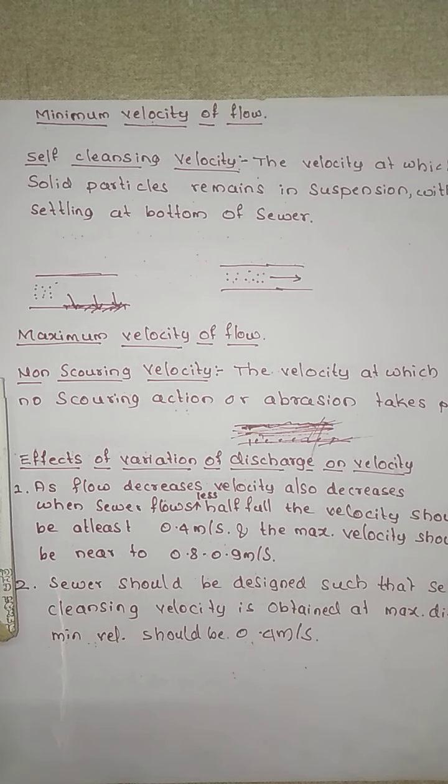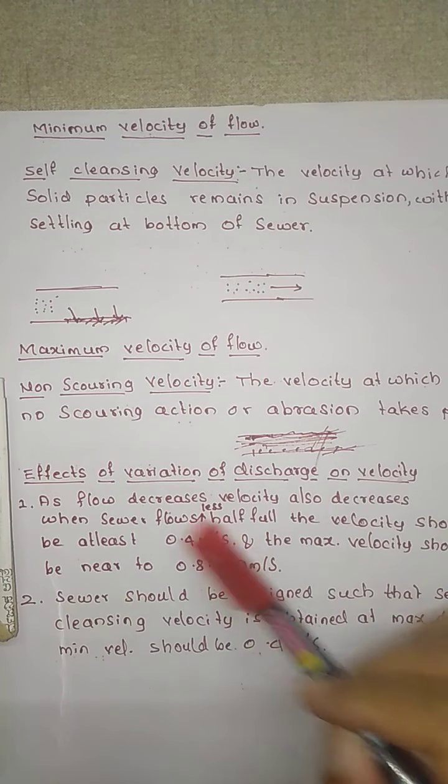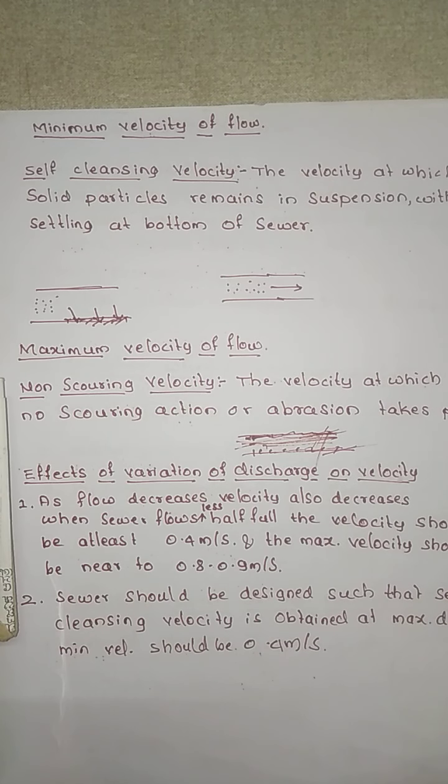When the sewer is running half full, it is essential to check whether the flow has the self-cleansing velocity of around 0.3 to 0.4 meter per second. At the same time, the designer should ensure that a velocity of about 0.9 meter per second is developed at the time of maximum flow.